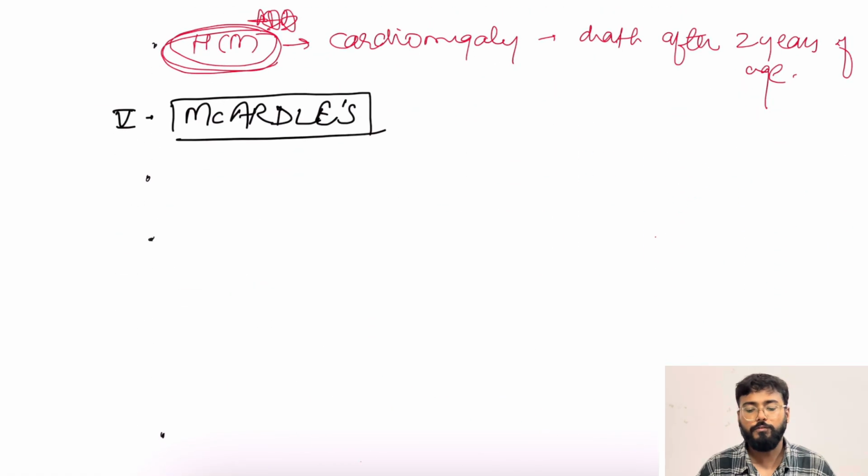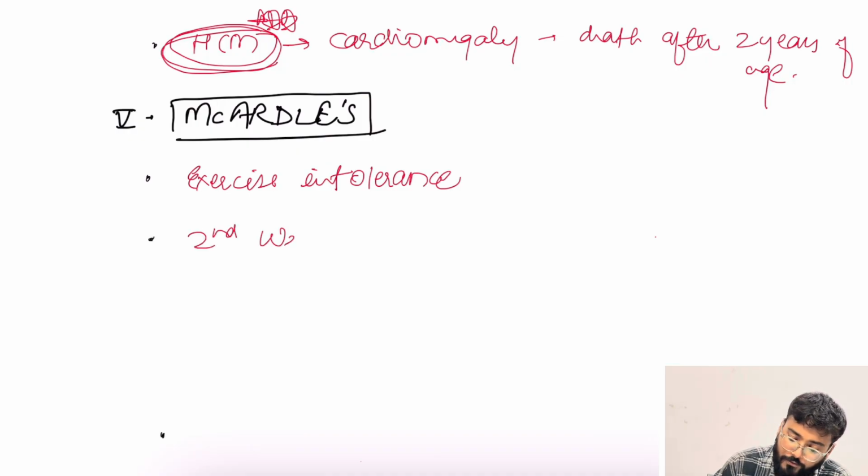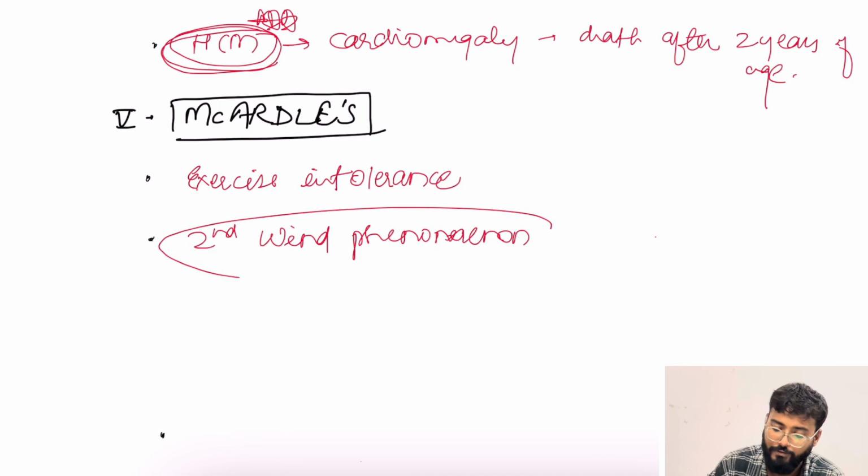The next one is your fifth type, that is McArdle's. And in McArdle's, what are the defining features? You are going to see exercise intolerance, and you are going to see the second wind phenomenon. What is the second wind phenomenon?